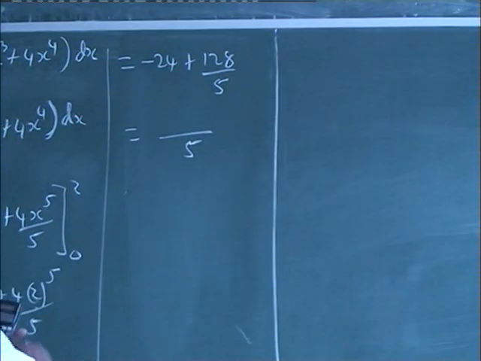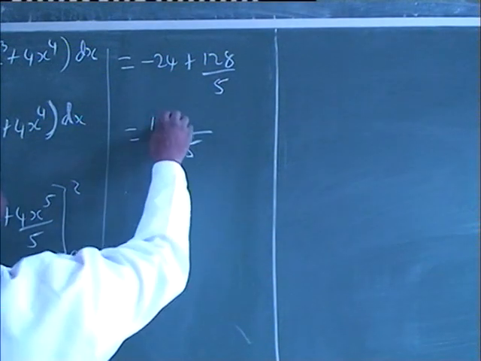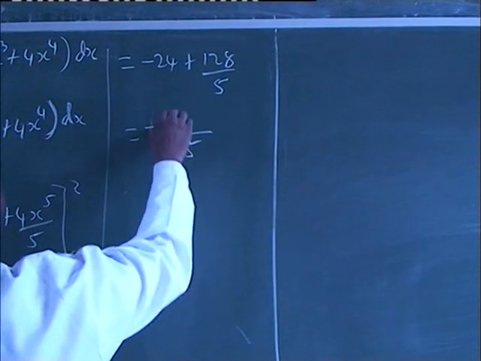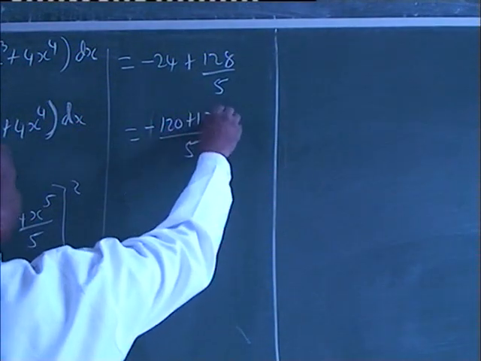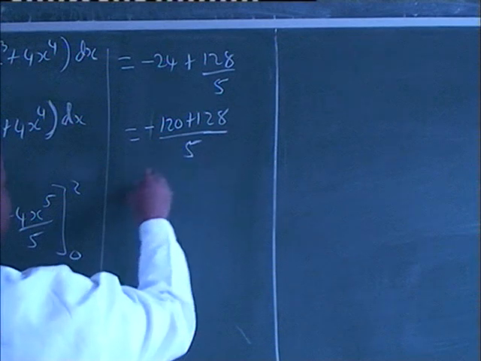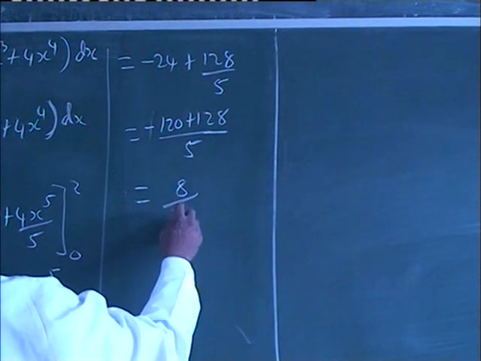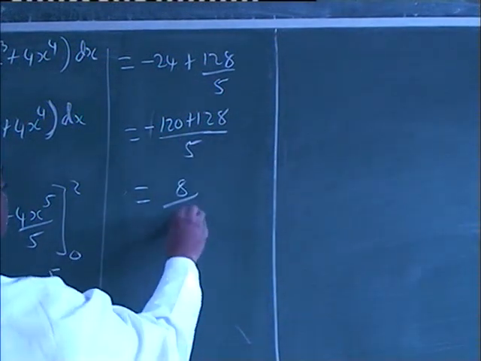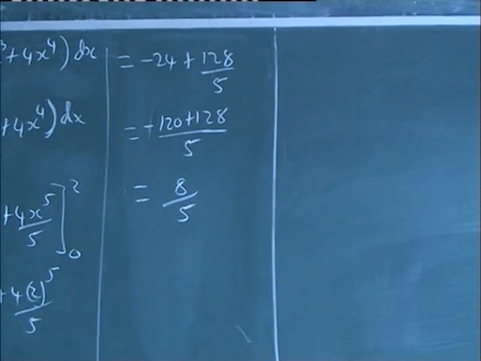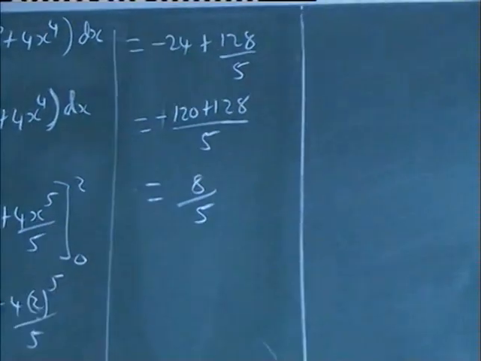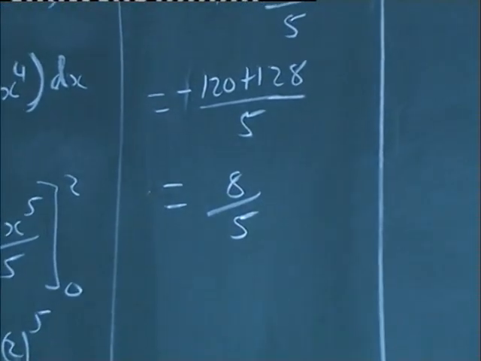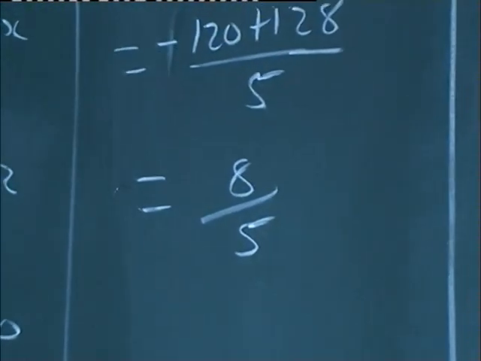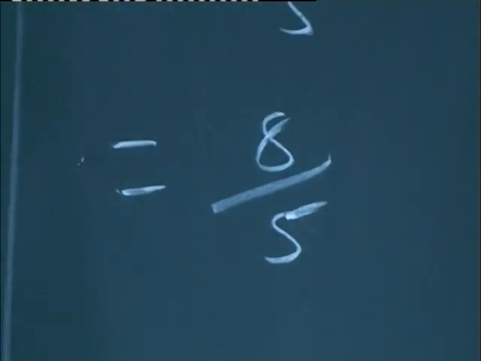Now 5 times 24 will give us minus 120 plus 128 over 5, which is 8 over 5. So that is the area that we are looking for, the region R, and it's 8 over 5.